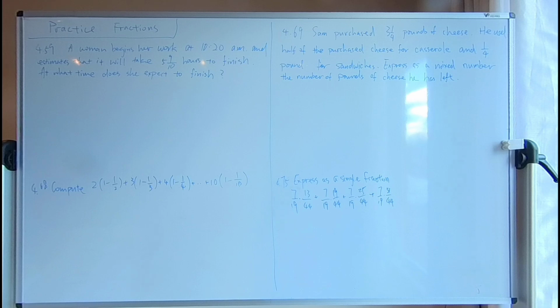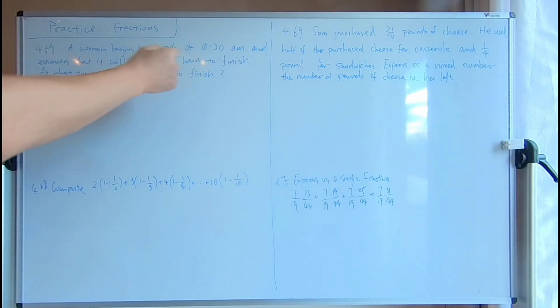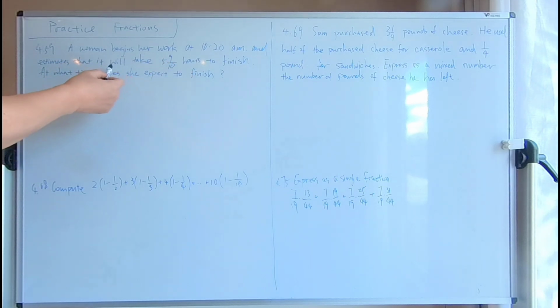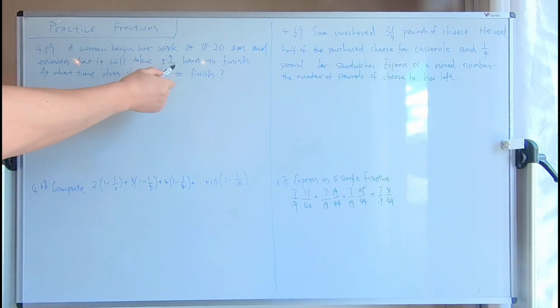So the first question here, suppose we have a woman who begins her work at 10:20 a.m. and we know that it's estimated to be finished in 5 and 9/10 hours. So then what exact time does she expect to finish this job?